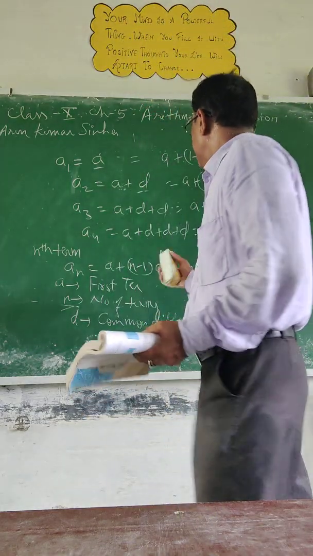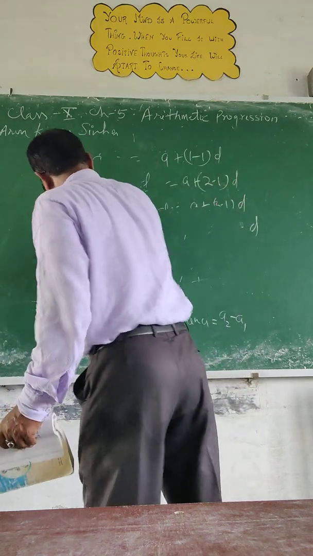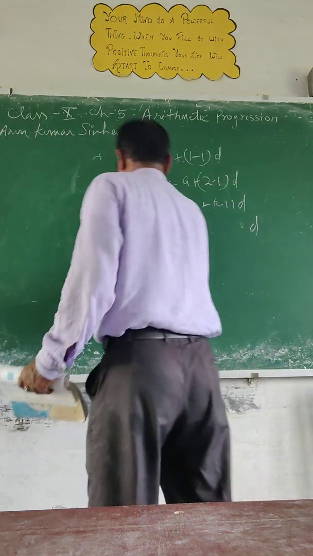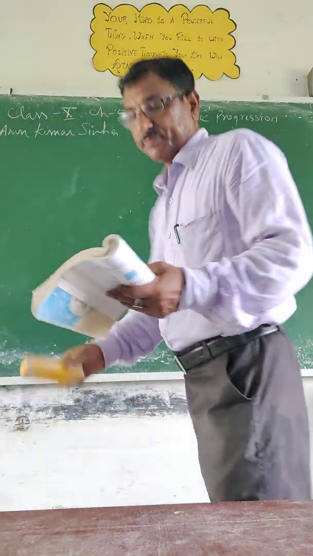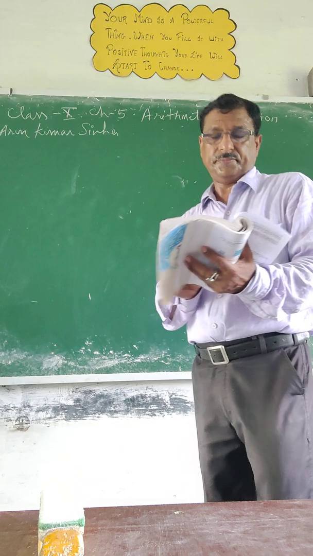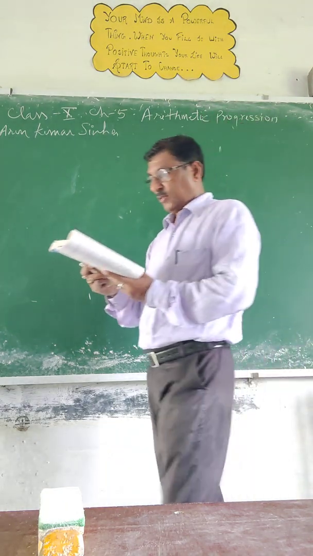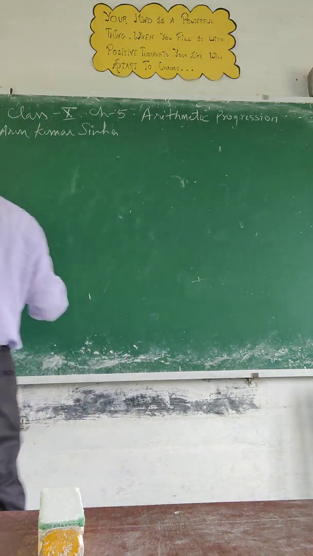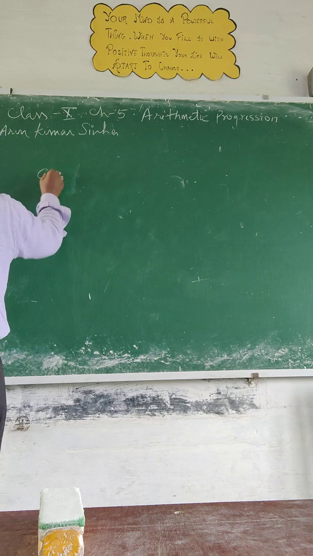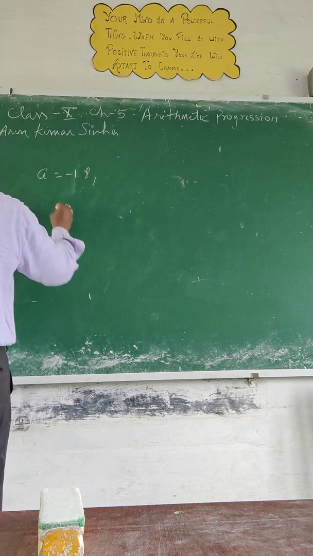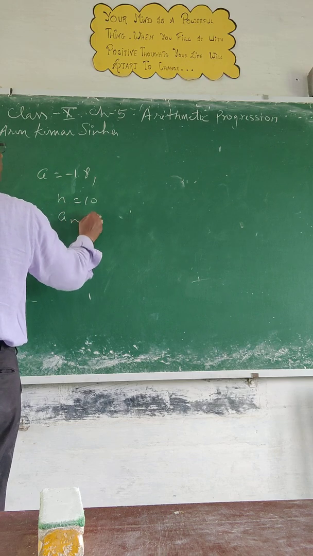Okay. See. Now, see another problem. Now here we given, I have given you A minus 18, your n 10 and nth term is 0.